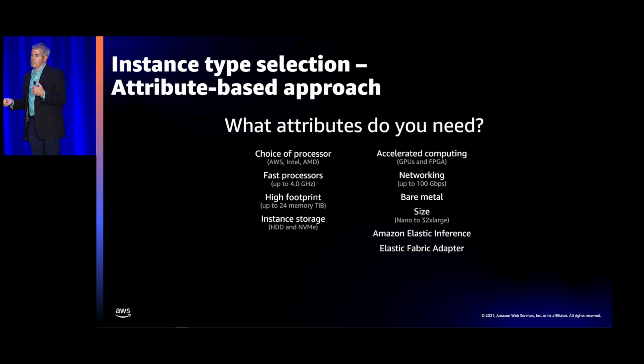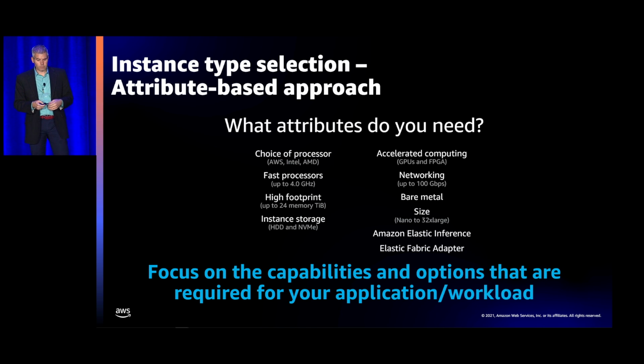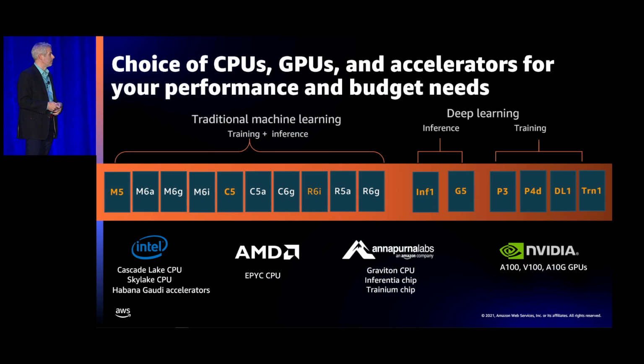And then the other side is the architecture base. Are you an x86 based platform? Or do you have the flexibility, maybe you're using containers, or you have other flexibility and you can start to use ARM. Or we can alternatively work with you to migrate to the ARM application. So focus on the capabilities and options that are required for your application and your workload.